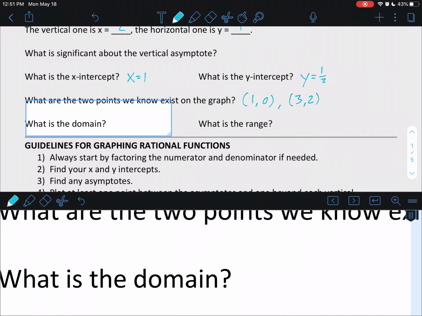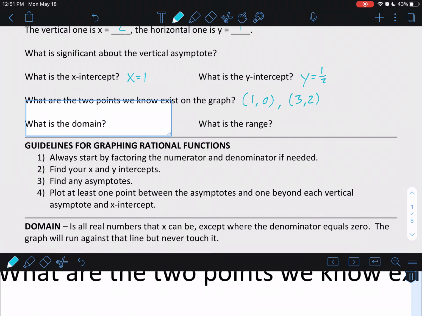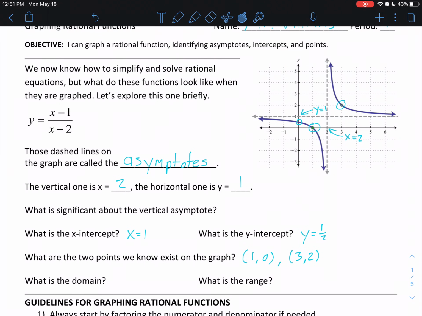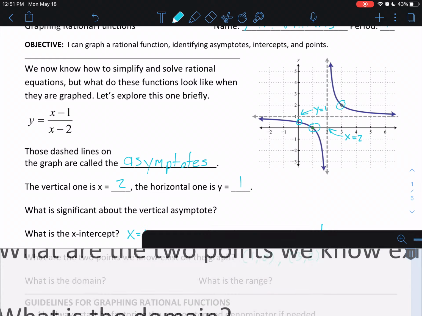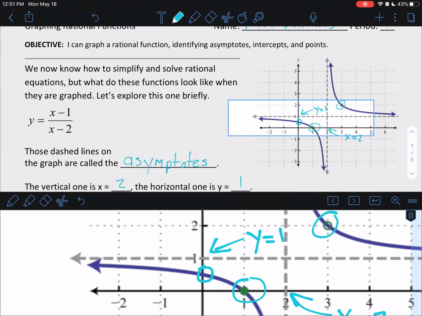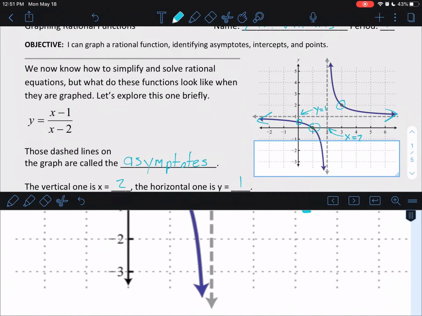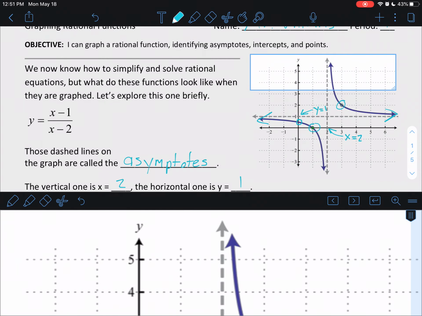Then it's asking what is the domain and what is the range. If I look at my graph, my domain is left and right, and it goes all the way on to the left forever and all the way onto the right forever. However, right here at x equals 2, there's that gray line because it doesn't exist at x equals 2.